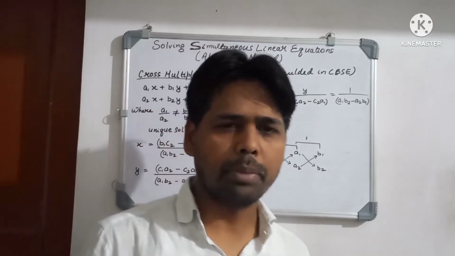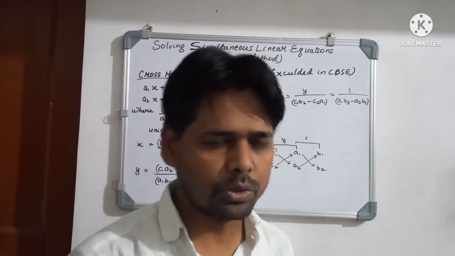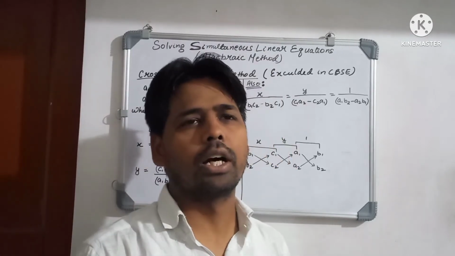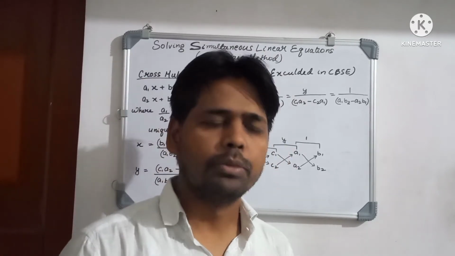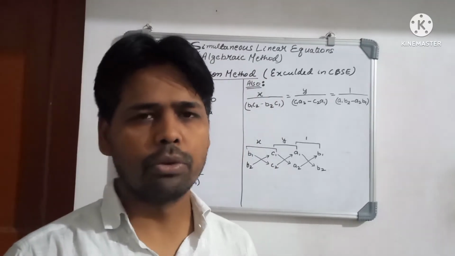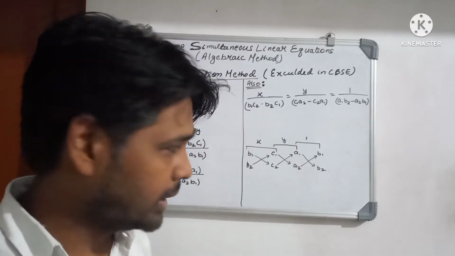Being part of the solution of simultaneous equations, I would suggest you go through this topic and try understanding and solving the problems associated with it, so that it would be helpful for you to understand and implement it in a better manner.